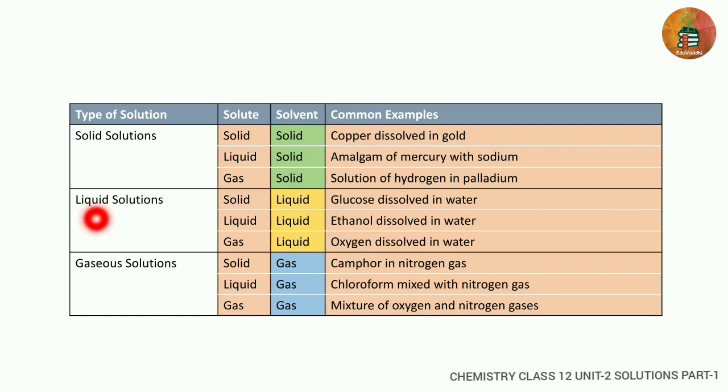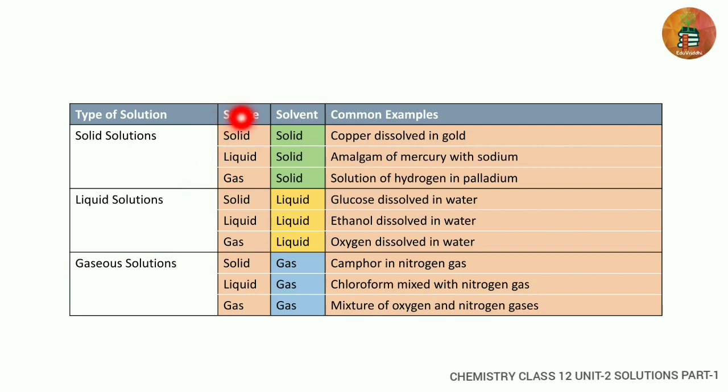In case of liquid solution, the solvent is always liquid, so the name is given as liquid solution. In case of gaseous solution, the solvent is always gas, so the name is represented as gaseous solution.